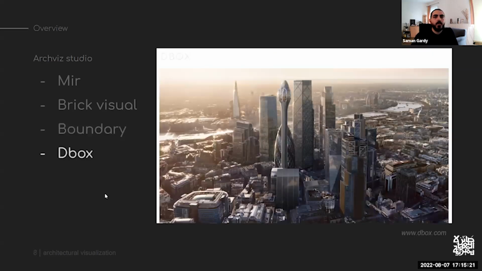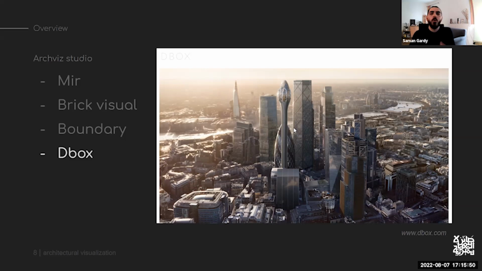And then we have D-Box. It's, I would say, one of the oldest studios in the industry. It was, if I'm not wrong, established around 1996. Again, they are working with the big names in the architecture industry. You can see this Tulip project, which was designed by Foster and Partners in London.